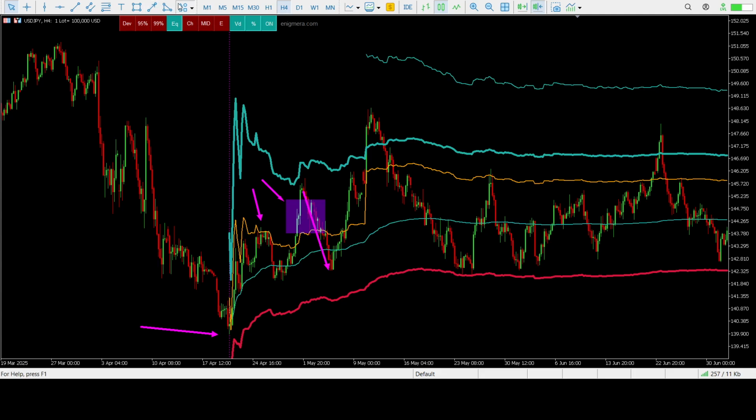So here we are opening our longs. They can be opened here on the equilibrium, at the trend line, and on the bearish exhaustion line.